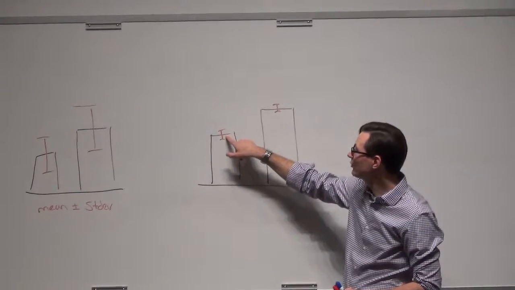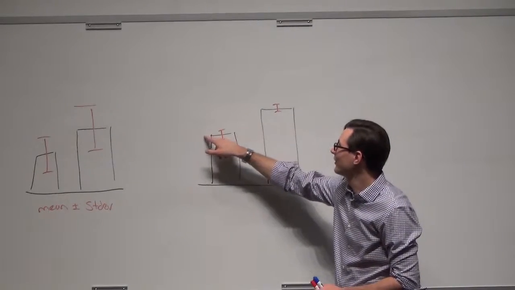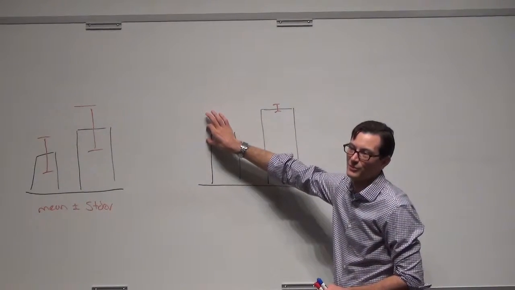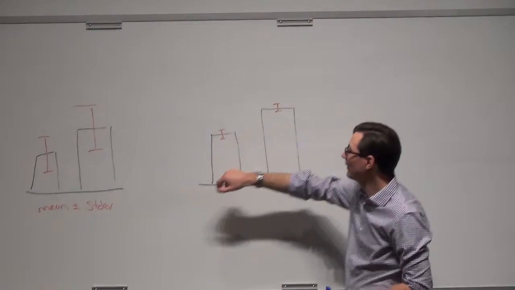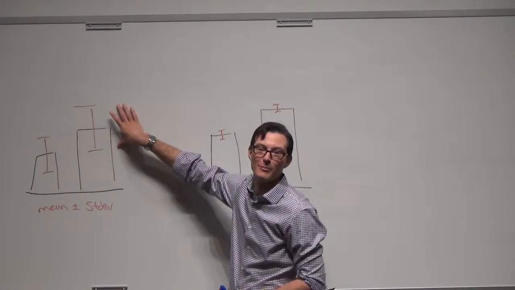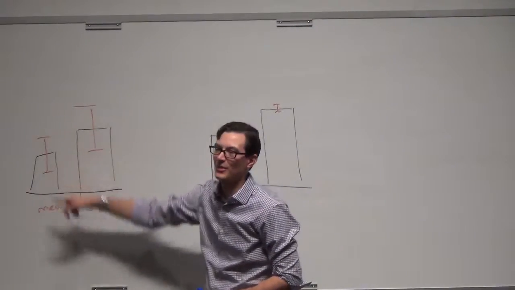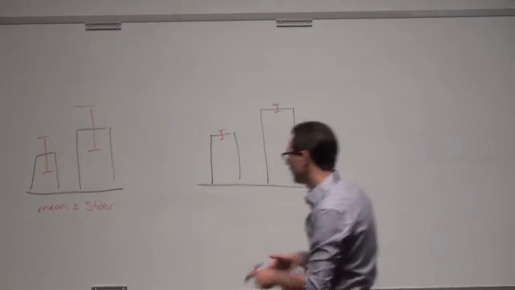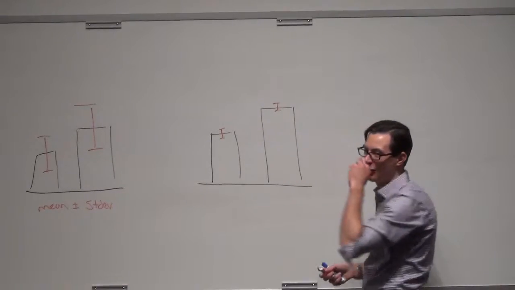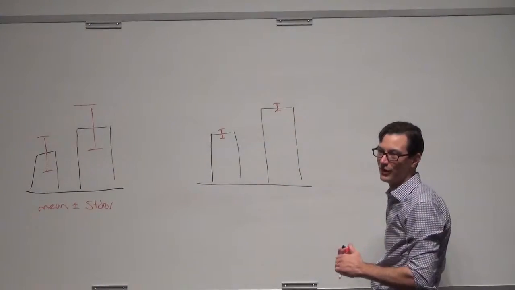So these tell you most of the time this mean is going to be right around here. These tell you most of the time a random mouse is going to be somewhere in here. So this tells you something about the population. This tells you something about the mean, and where the mean is likely to be.